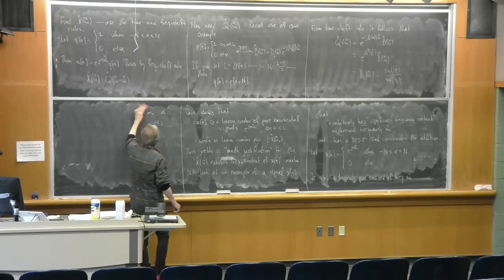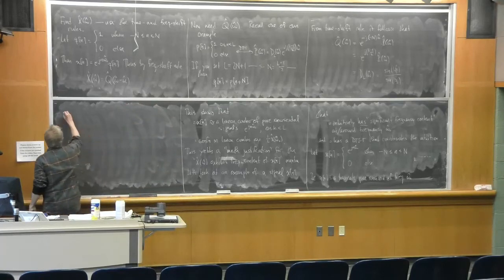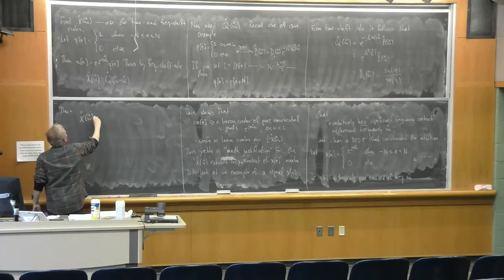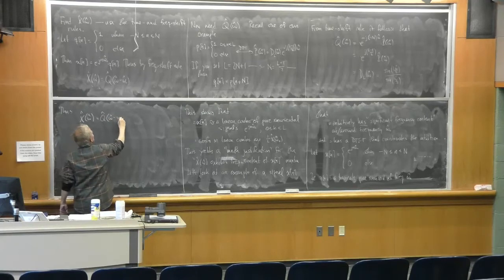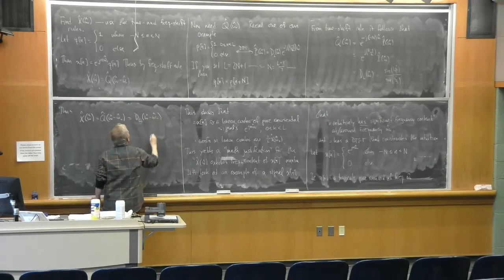So, what does x hat of omega hat look like on minus pi to pi? X hat of omega hat is just going to be q hat of omega hat minus omega 0 hat, which is just Dirichlet thing of omega hat minus omega 0 hat.